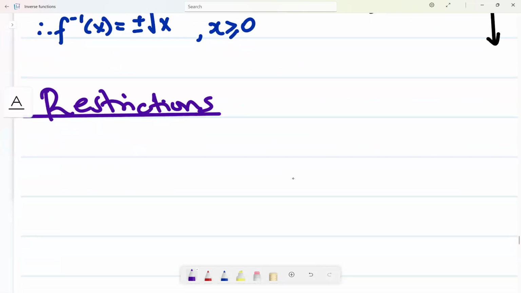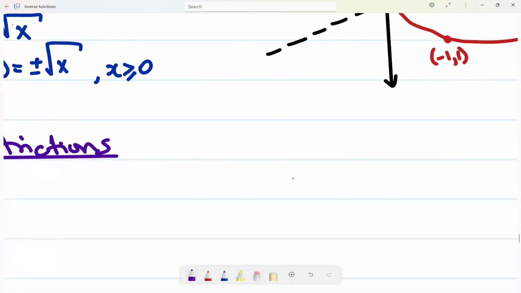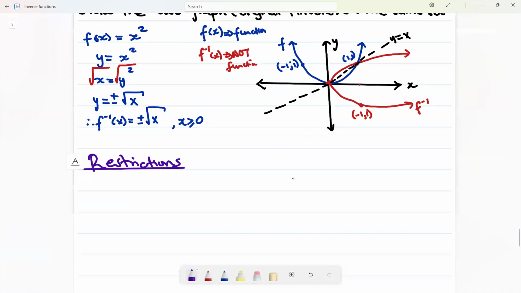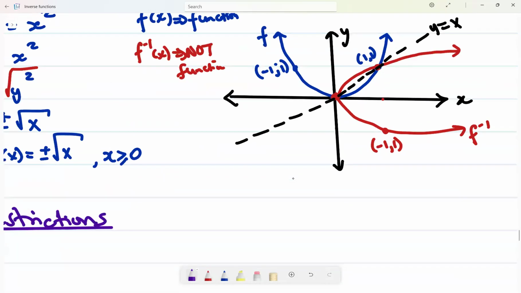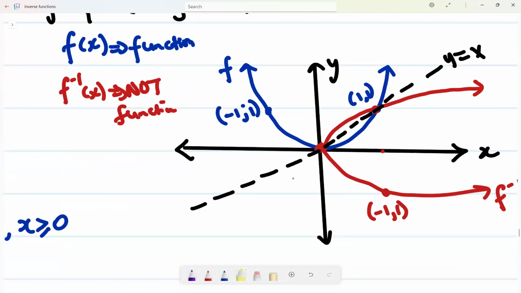I need to restrict my original function. Which one is my original function? My f graph, such that I need only one portion of it. Why do I need only one portion of it? Because if I have only one portion, I draw this point.